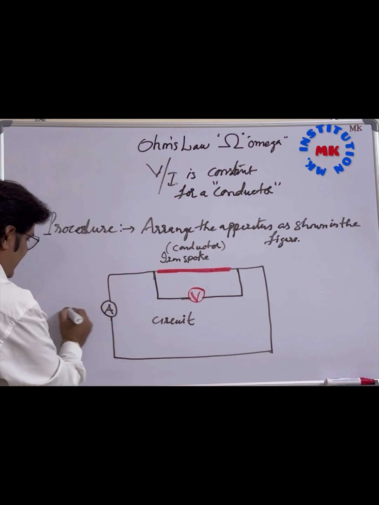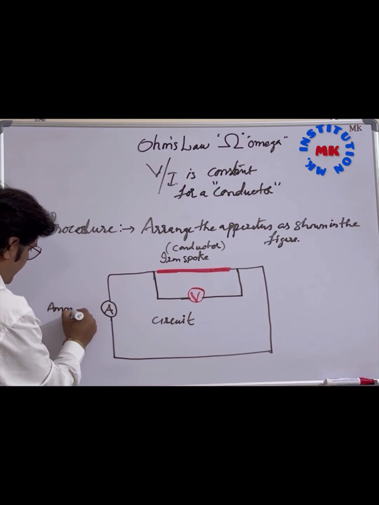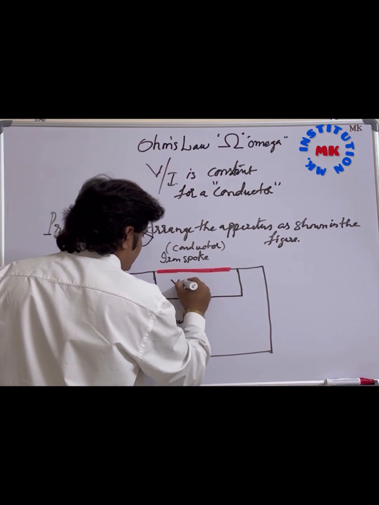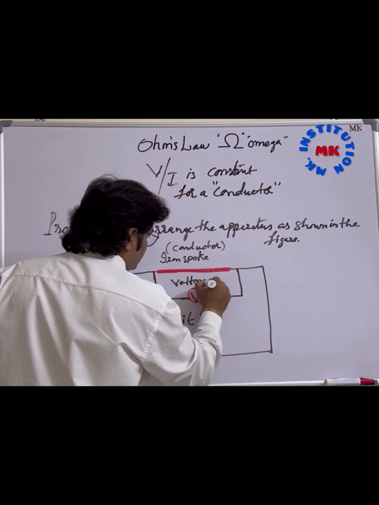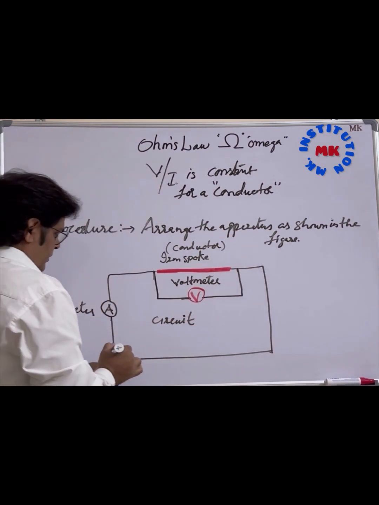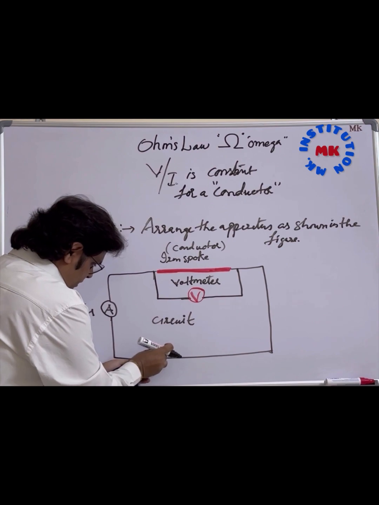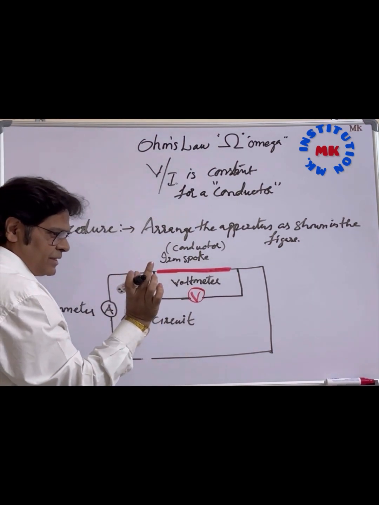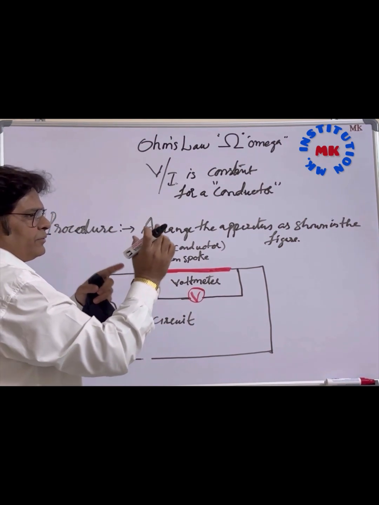Clear? This is the ammeter, and this one is the voltmeter. Both devices we kept here. Now, what do we have to keep here? Here we have to keep the battery. If only one cell is there, they call it a cell. If more than one, 2, 3, 4, 5, it is called a battery.